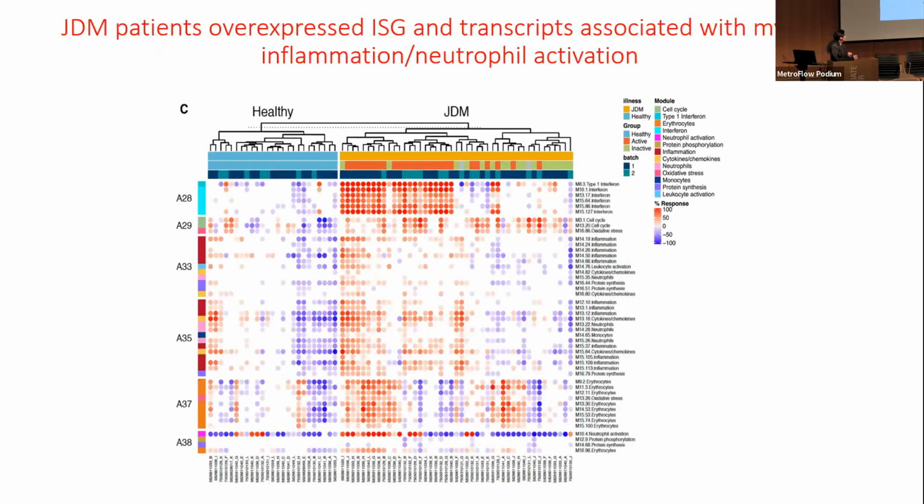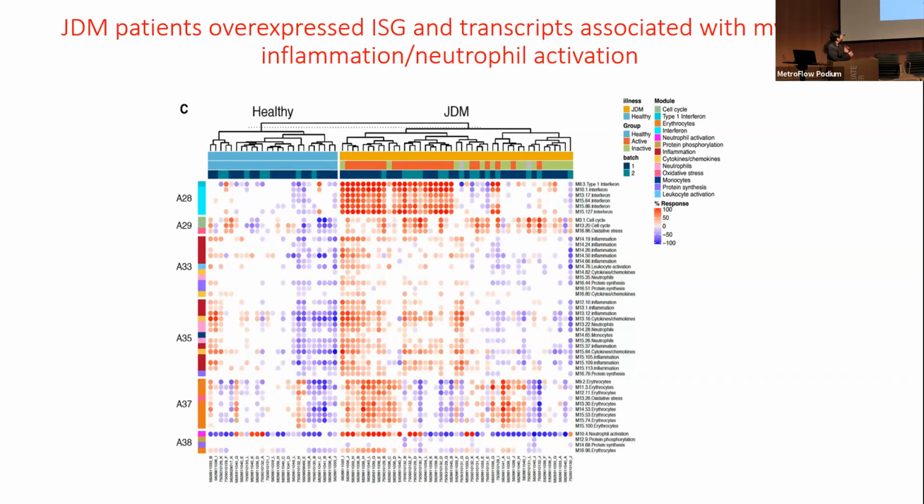Now, moving on to the transcriptional data, as I showed, there is a third cohort that we had. We looked at the bulk RNA-seq, and what I would like to bring your attention to is this distinct interferon signature that we know is higher in JDM patients. JDM is an interferonopathy, and we know that type 1 interferons are much higher in JDM patients.